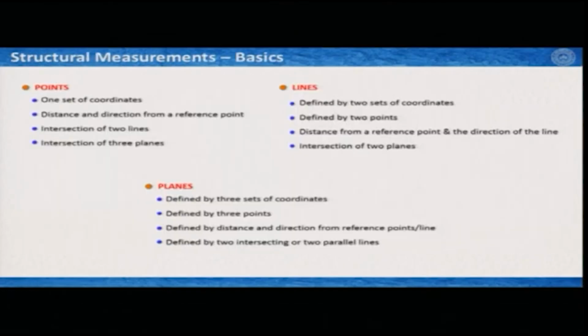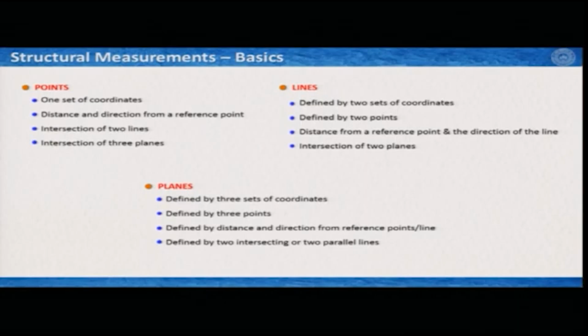So, the basics are that, as I said, there could be points, there could be lines, and there could be planes, and there are many ways you can construct a point, line and planes. But in a nutshell, if I have 3 planes, they intersect, you can generate a point. If I have 2 planes, they intersect, you generate a line, and then 2 intersecting or 2 parallel lines can produce a plane.